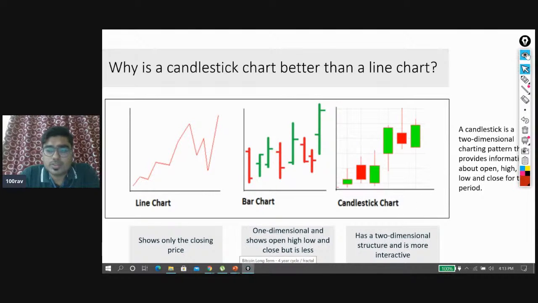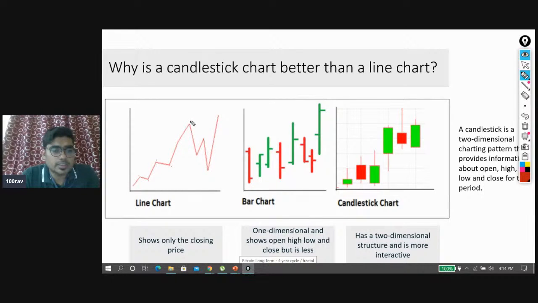Okay, there are three types of charts. This is the line chart. When we plot a line chart, we connect the closing prices. Let's say a stock was at 10 rupees here, then 18 rupees here, then 20 rupees here, then here it was 18 rupees.